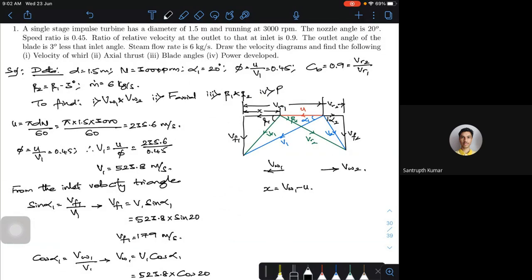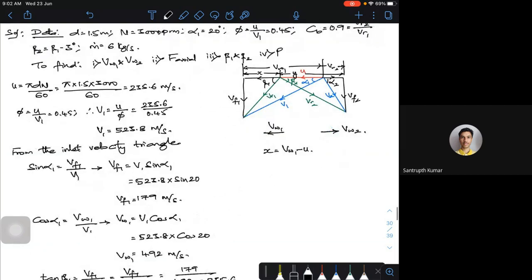Cos beta 2 is equal to this quantity, let me call this some y. What is your y? Y is equal to VW2 plus u. So cos beta 2 is equal to y divided by your VR2. I know VR2, I know u, I know beta 2, so I can find VW2.